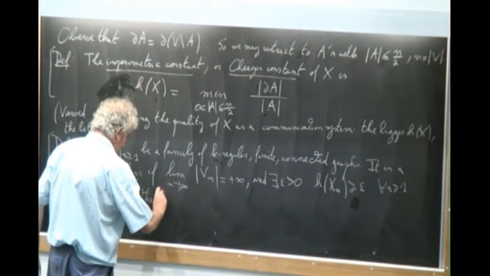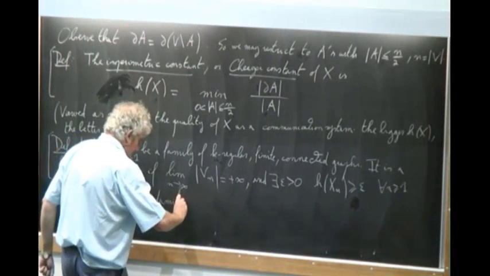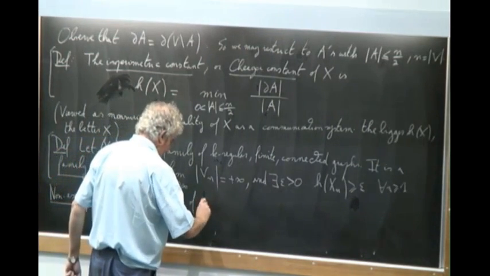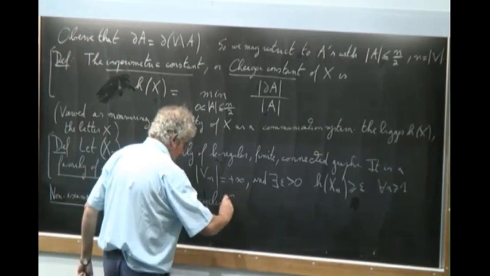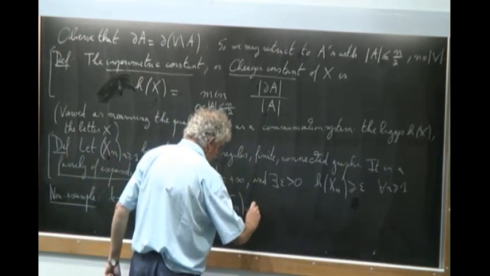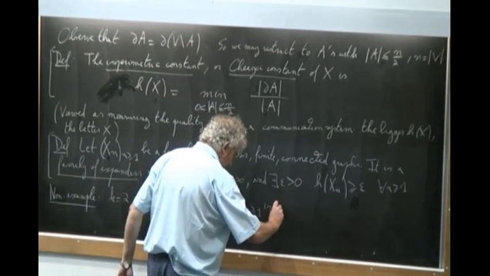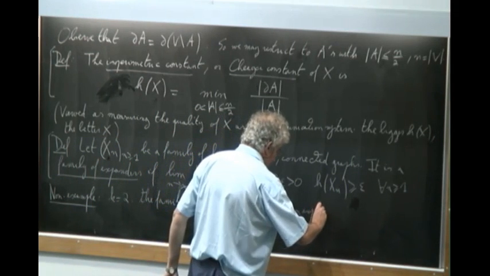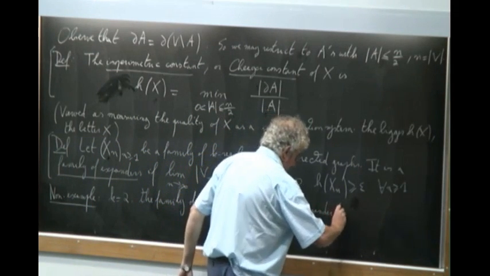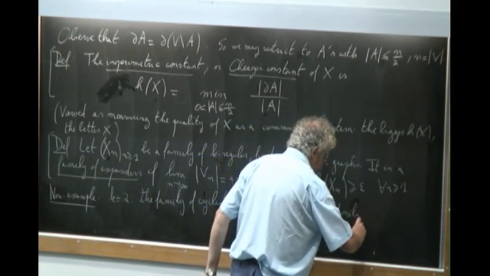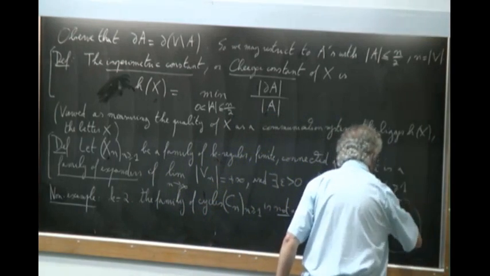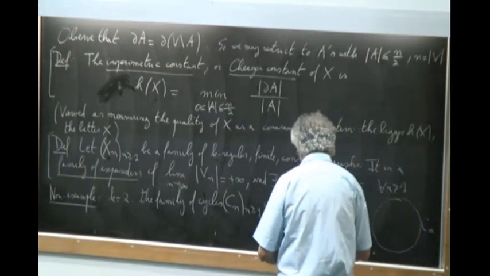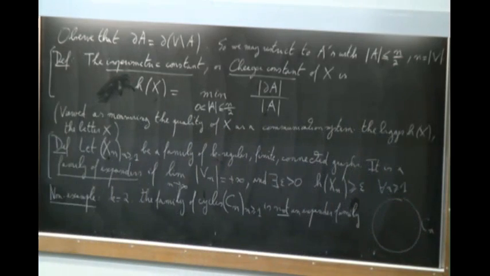And the family of cycles C_n is not an expander family, and that's obvious. Because, here's a cycle C_n, and now what you do is take a half cycle.